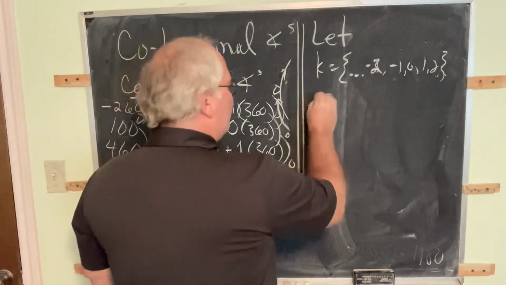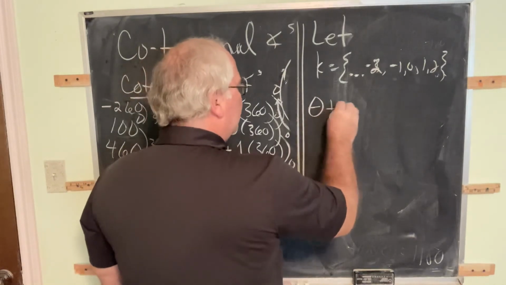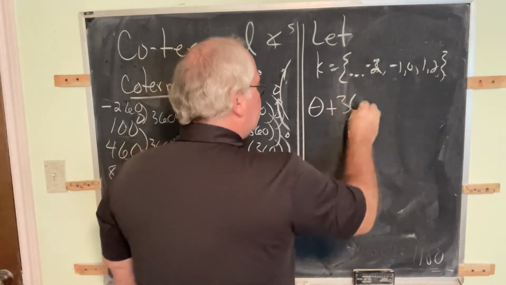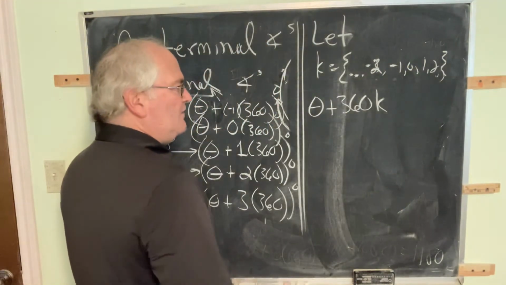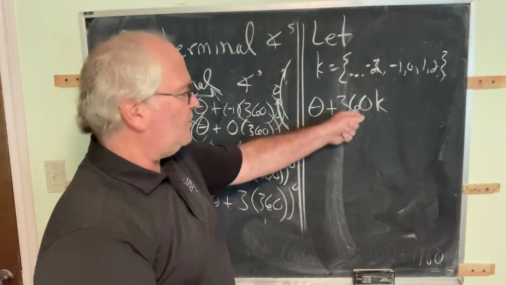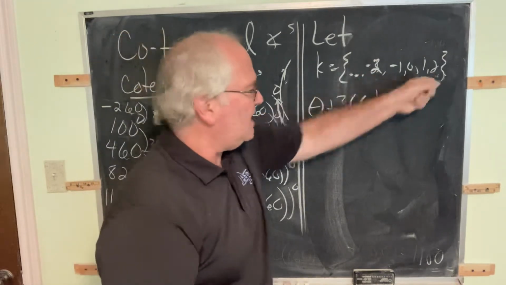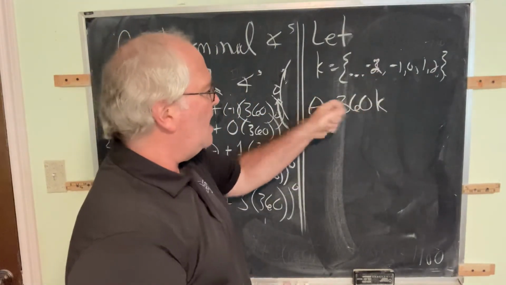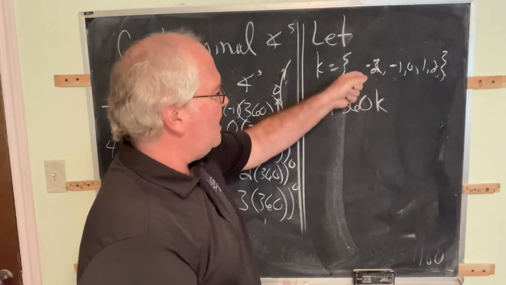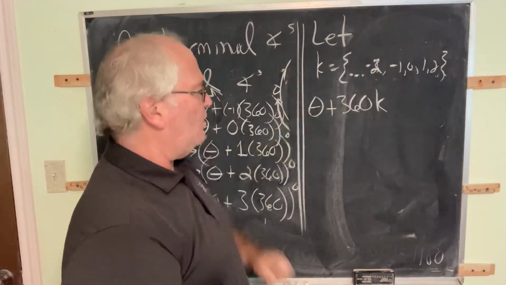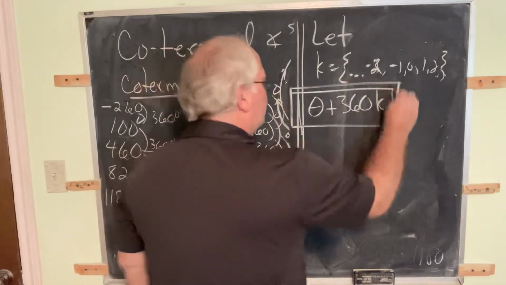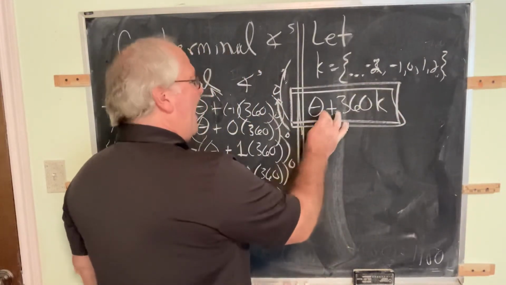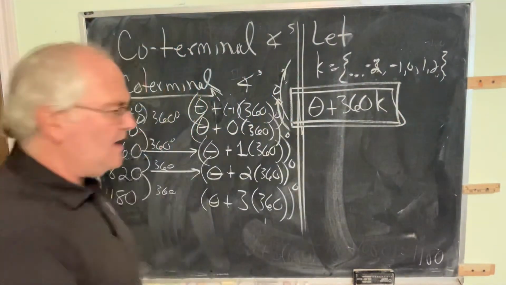And so what we can have is theta plus 360 times any one of those numbers. If K is 3, we have theta plus 3 revolutions. If K is 6, we have theta plus 6 revolutions. If K is -4, theta minus 4 revolutions. And so this is the way we can represent any angle which is coterminal to theta.